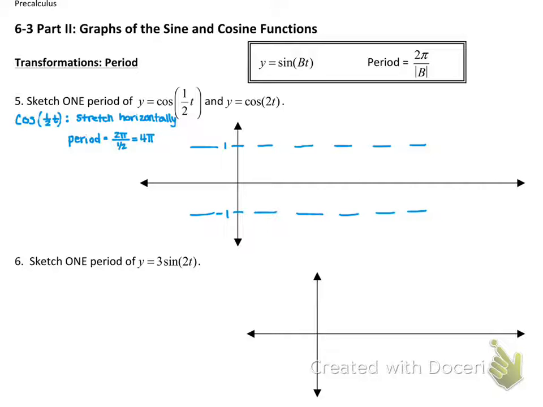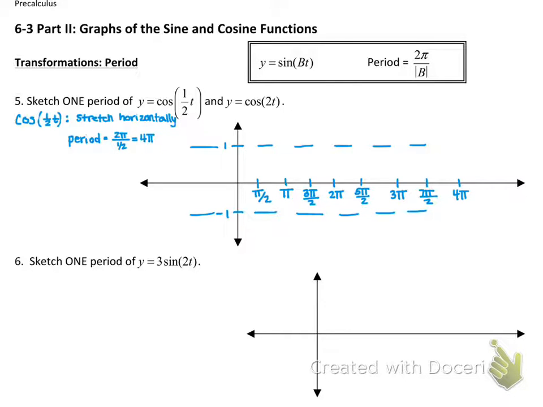So if I were to label this, just like I'm used to, I start with pi over 2, pi, 3 pi over 2, 2 pi, then we have 5 pi over 2, 3 pi, and then we have 7 pi over 2, and then we have 4 pi.